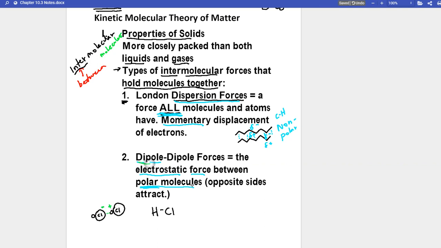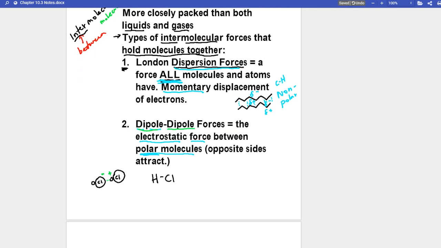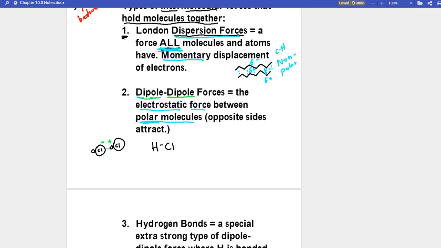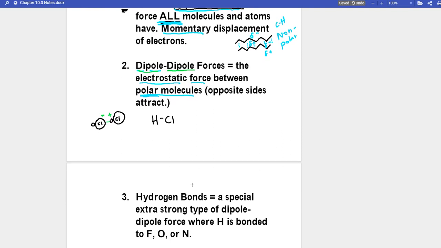So that is called dipole-dipole force. The third type is a very special dipole-dipole force, and it's called hydrogen bonding, which we've seen before. This should be familiar. Water has hydrogen bonds. It's just like a dipole-dipole, except it's especially strong.